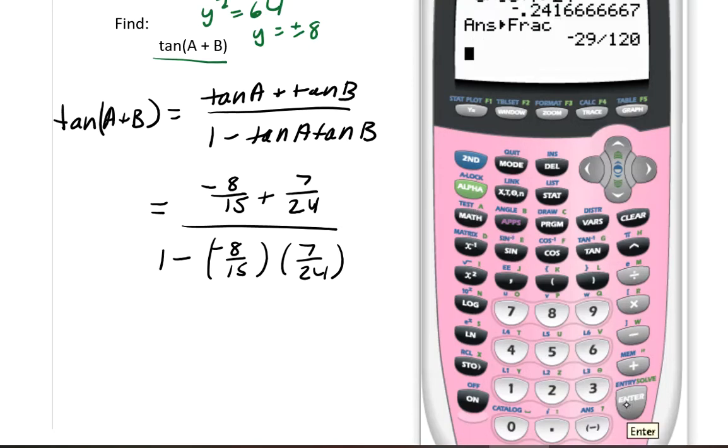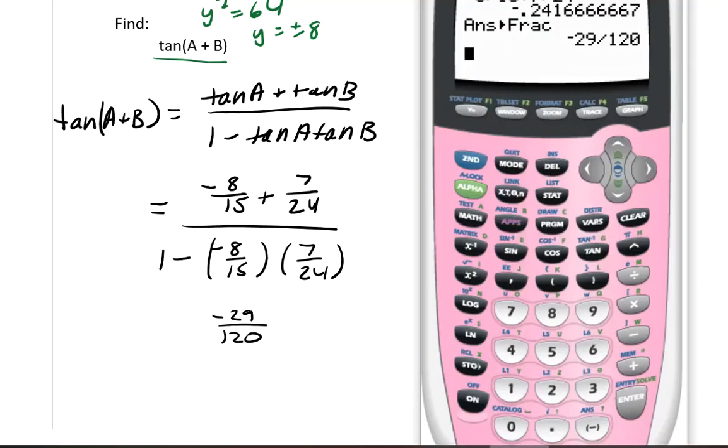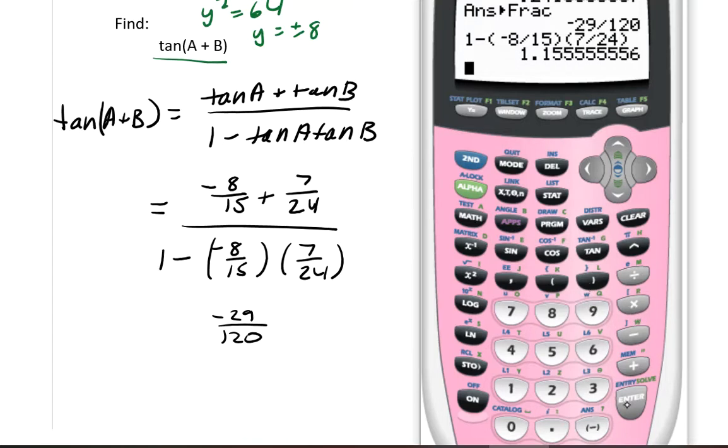So negative 29 over 120. Lovely. And then 1 minus negative 8 fifteenths. You would definitely be allowed a calculator on this, so don't fret about that.